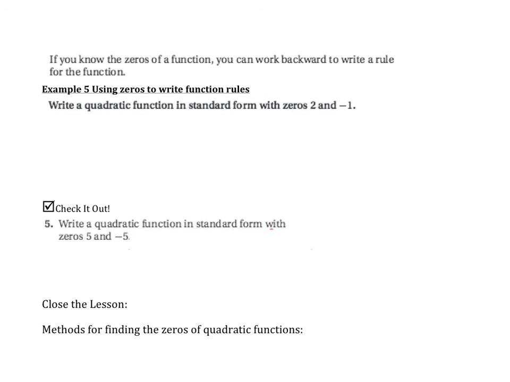If we know the zeros of a function, we can work backwards to write the actual function. So write a quadratic function in the standard form with zeros, which means x equals 2 and negative 1.